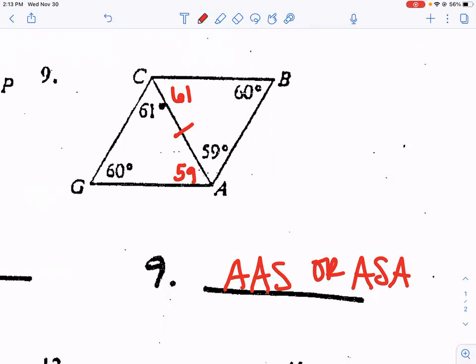They're not parallel. They're just two cute triangles next to each other.